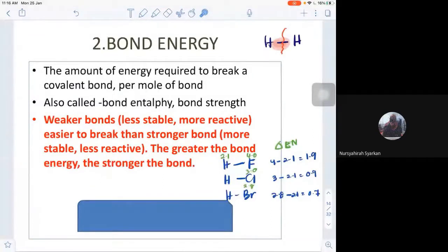The bond energy or bond strength is also related to the bond order and the bond length. We will get to the bond length first. But basically, the relationship between the bond energy and the delta EN is: the greater the delta EN, the higher the bond energy. So they are directly proportional.